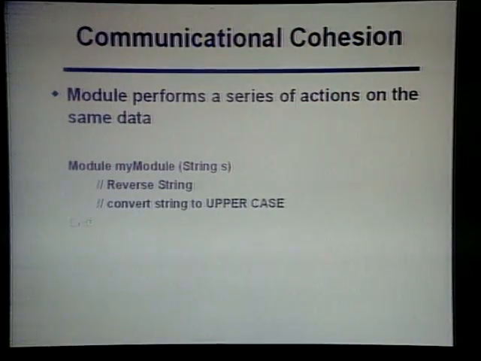The next higher level of cohesion is called communication cohesion. Communication cohesion is defined as when a module performs a series of actions on the same data. That is, the module takes some parameter from the calling module, then performs a series of actions on the same data. For example, here we pass a string to this function. This function first reverses the string and then converts the string to uppercase.